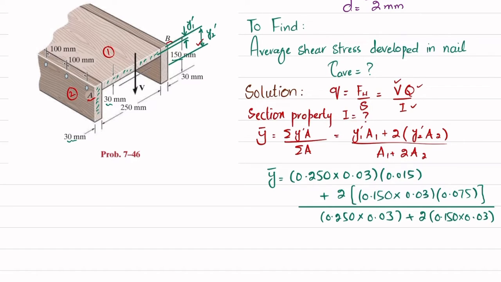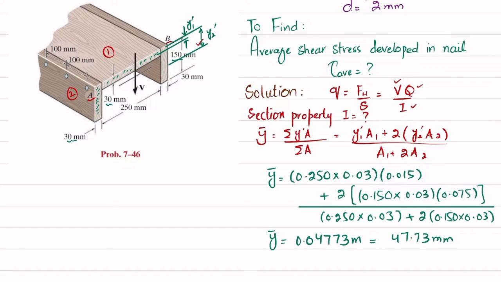When you calculate it, you will get y bar, the location of the neutral axis passing through the centroid, equal to 0.04773 meter, or 47.73 millimeter. What does it mean?